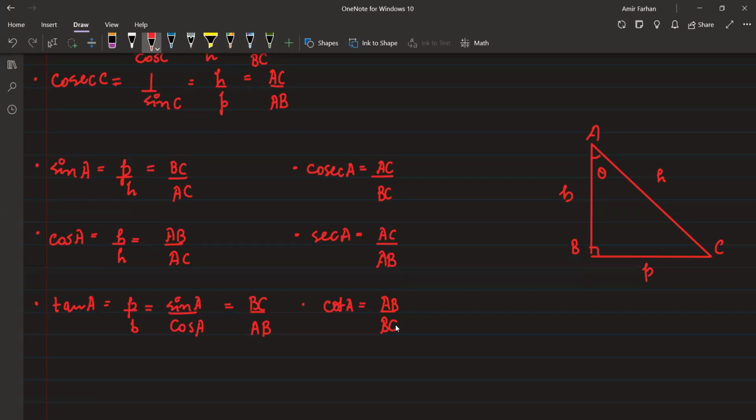So you can see that it's just the inverse. Basically, if you change the angle, your sine will become cos and cos will become sine. You just have to keep that in mind.